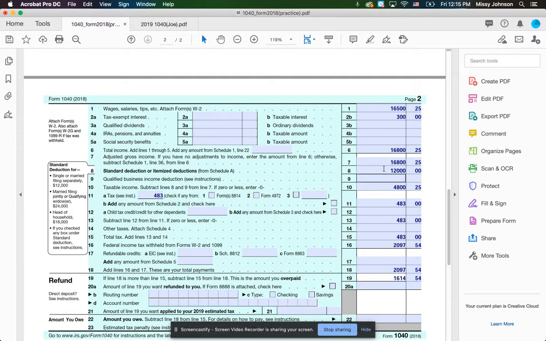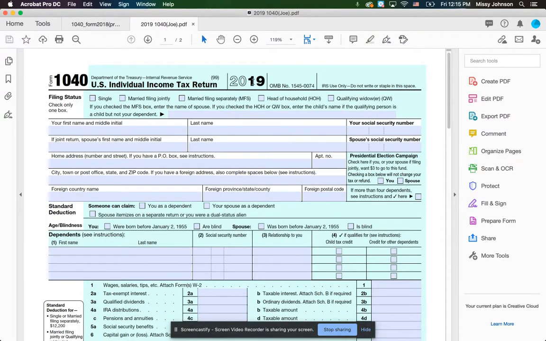Now you're going to get a handout for Joe, and you're going to have a 2019 form. If you read the packet about Joe Hernandez, it starts by saying that he is single.